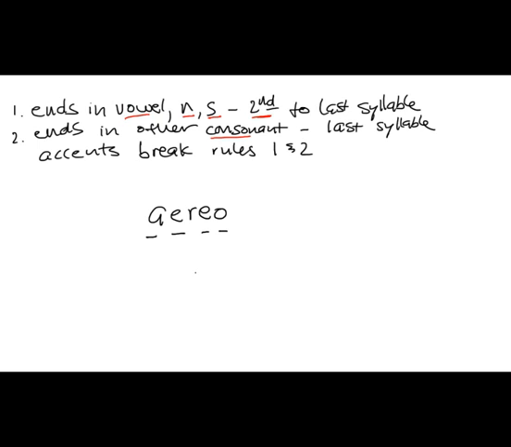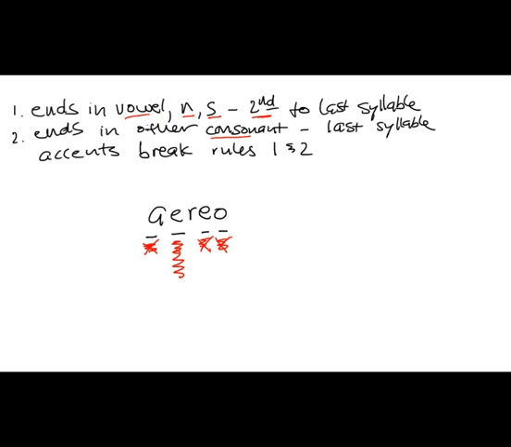The proper pronunciation for this word is aéreo, aéreo. So where's the stress? Is it aéreo? No. Aéreo? Possibly. Aéreo? No. Aéreo? No. Proper pronunciation of this word is aéreo.